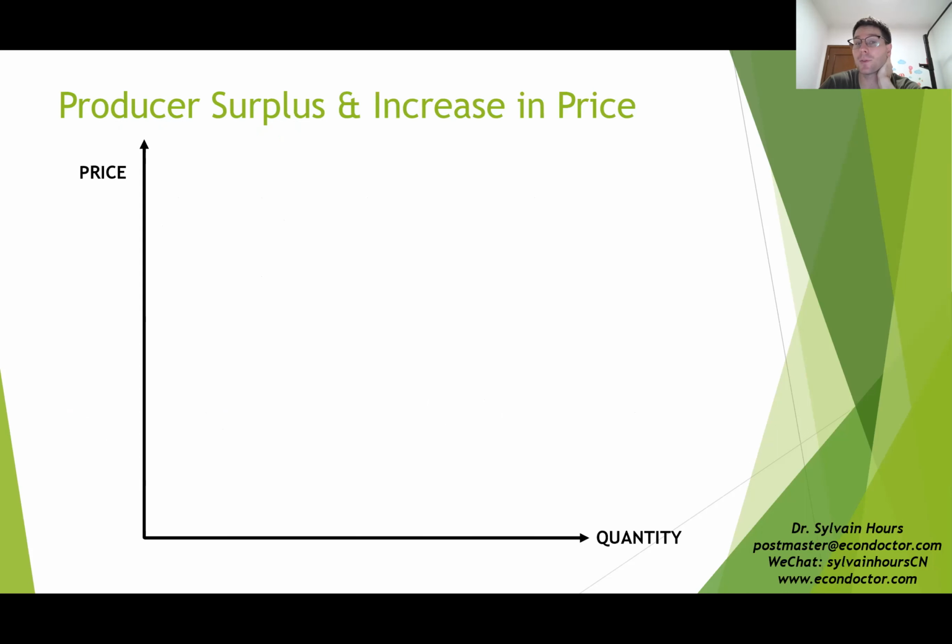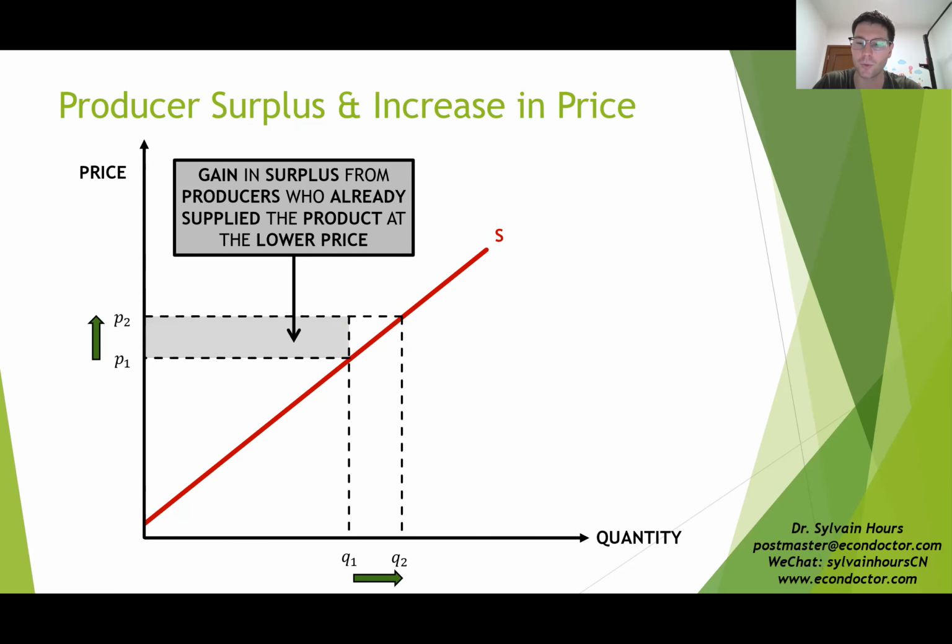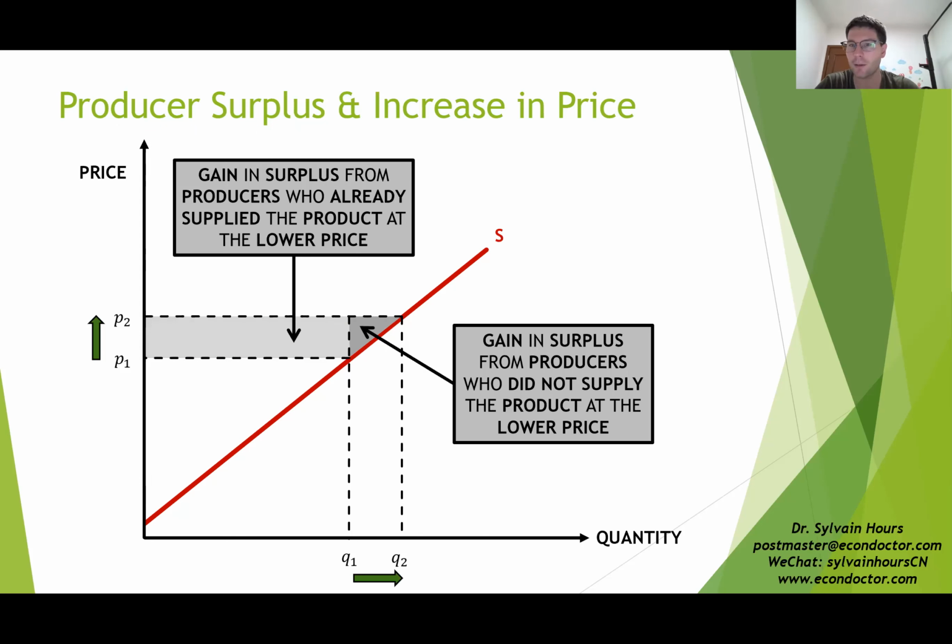And again, what happens when we increase the price? If we increase the price, of course, clearly the producer surplus increases. This area represents the increase in producer surplus. And it's always a good idea to try to understand what this increase is made of. The light gray area is essentially those sellers who already supplied the product at P1, the lower price.